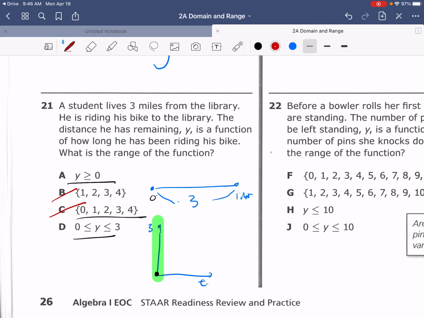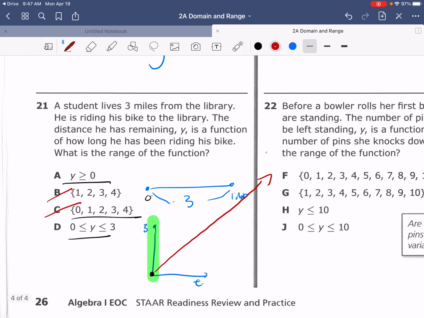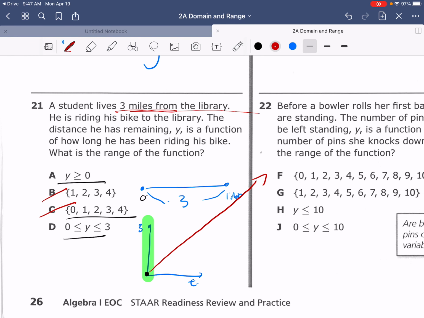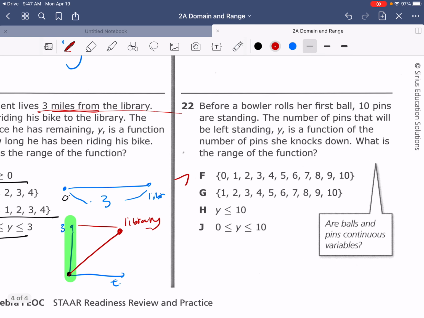So it's going to be either A or D. If you choose A, that means you can go past like that, which does not make sense because you want to stop at the library, which is 3 miles away. You want to stop here. So it should be like that because you should stop at the library. So it should be D.